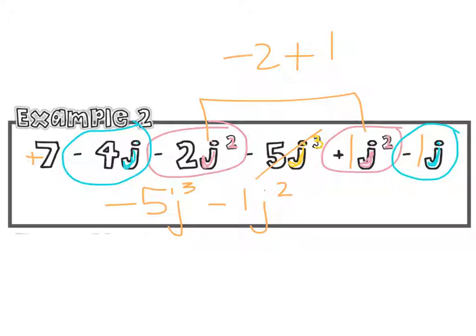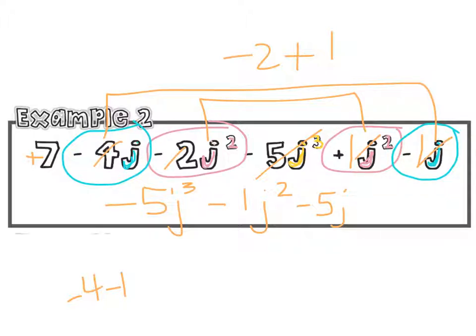And then we're going to put our plain old j's together. So that is negative 4 minus 1, which is negative 5j. Okay, so those are done. And finally, our constant is 7. So this would be our final answer right here.